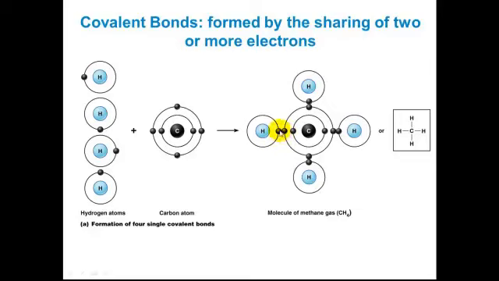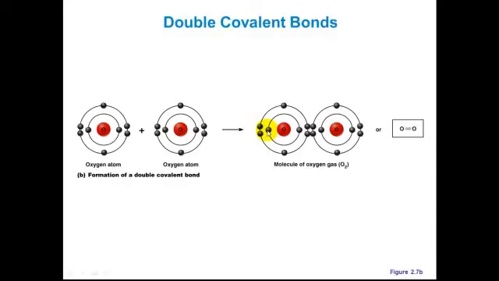Here we see that the 2 electrons are being shared. Carbon, therefore, thinks that it has 8 electrons in its outer shell. This covalent bond is an actual sharing of those electrons.